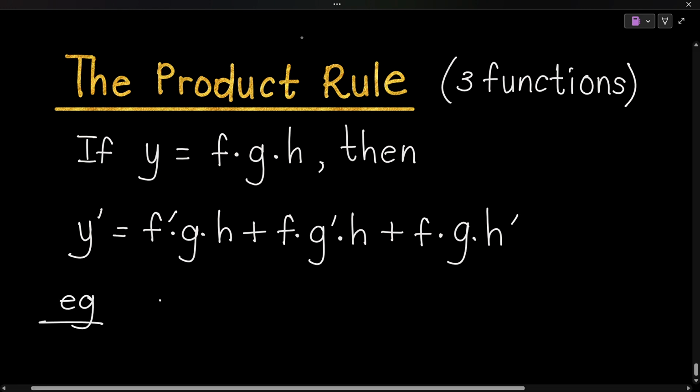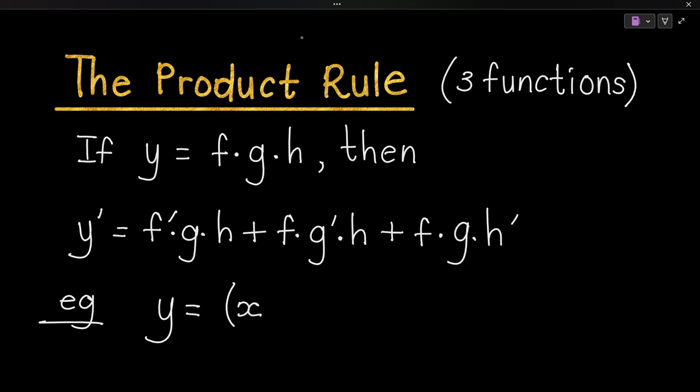Say that we are given y is equal to, and our first function is (x plus 1) to the power of 10. The second function is (2x plus 3) to the power of 11.